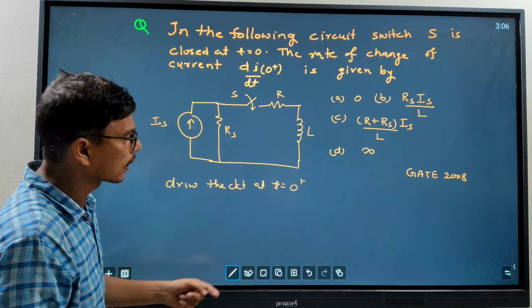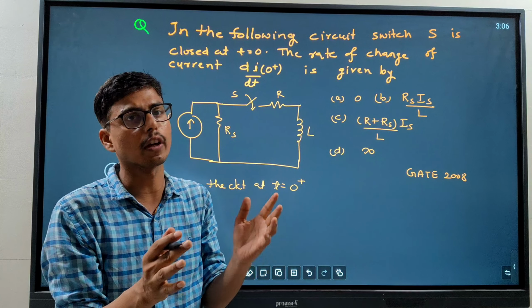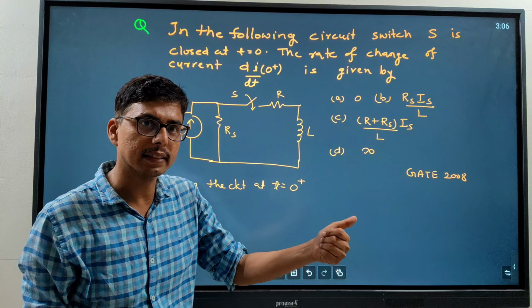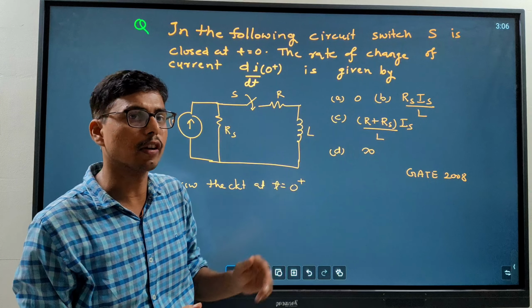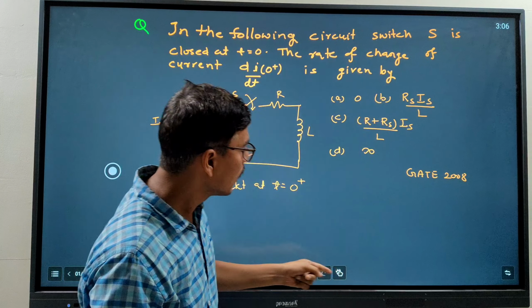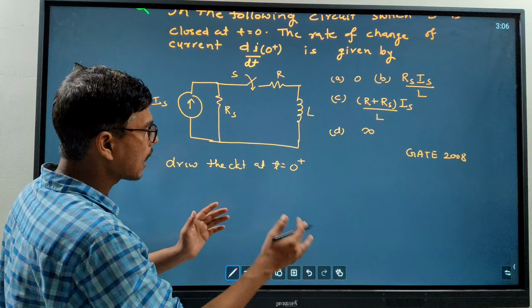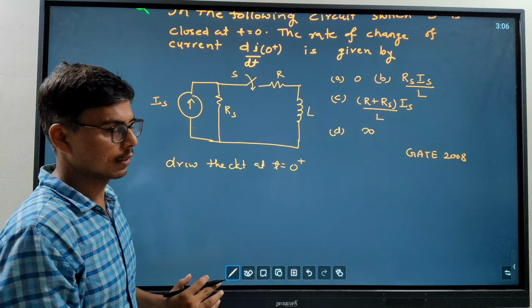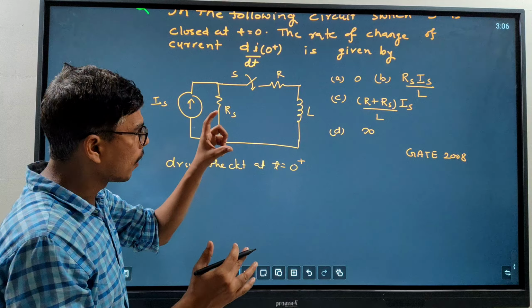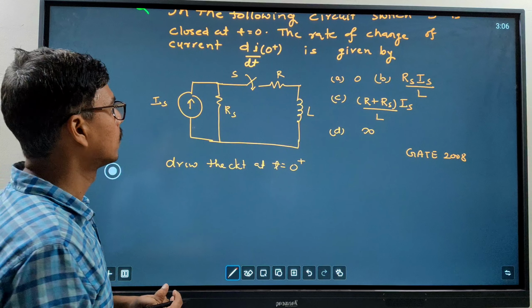So first draw the circuit at 0 plus, and whatever has been asked for t equals 0 plus, whether it is v(0+) or i(0+) in any branch, you can find. Whenever you see 0 plus, just draw the circuit at t equals 0 plus, then you can find whatever has been asked, whether it is current or voltage across any branch.